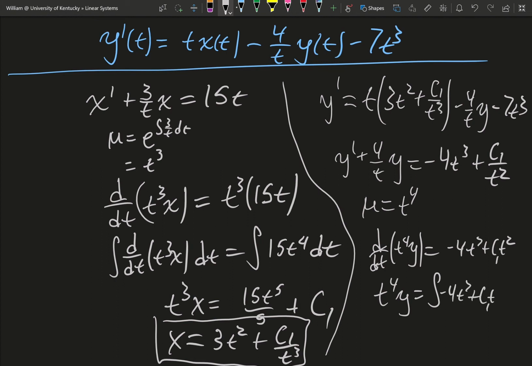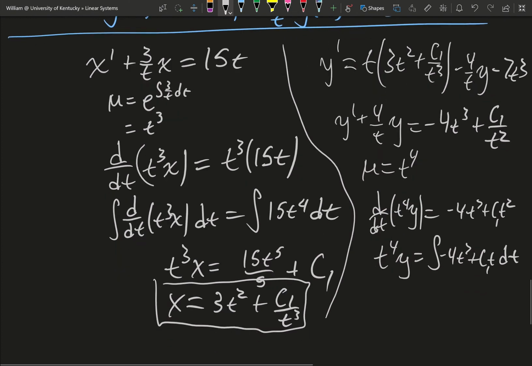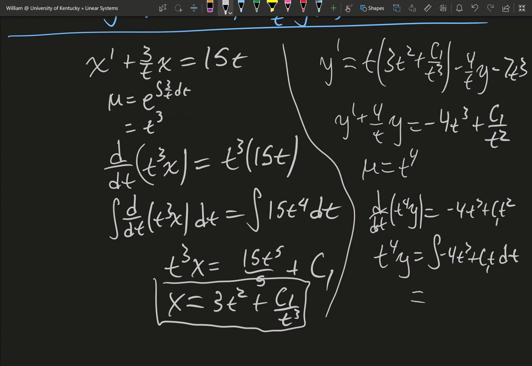Oh, and I've dropped the c1. Careful not to do that. t to the fourth y equals negative 4t to the 8 over 2 plus c1 t squared over 2 plus some other constant c2.